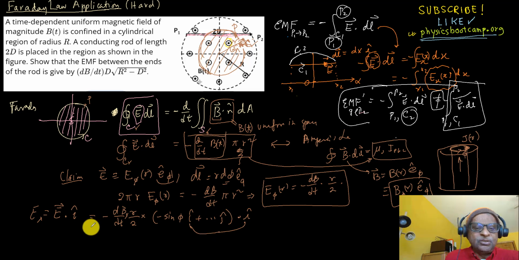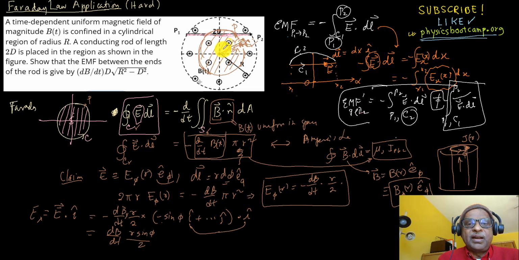This will give me 0, and this minus becomes plus dB/dt r sine phi over 2. And r sine phi is just the y direction, at a distance d, and this is r.